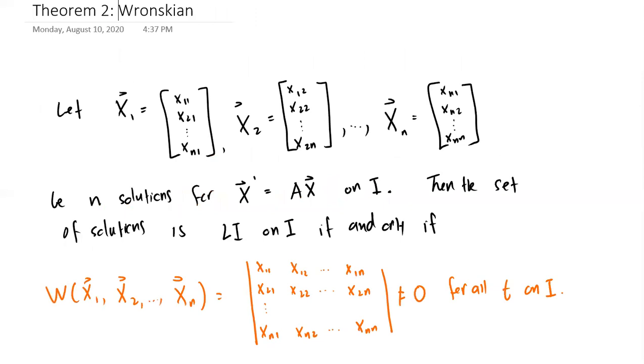So theorem 2. Suppose our vectors are given by these entries. Suppose x1 is x11, x21 up to xn1. x2 is x12, x22 up to xn2, etc. Now notice here, again, I follow the subscript pattern. The first subscript is always telling you what row you're in.